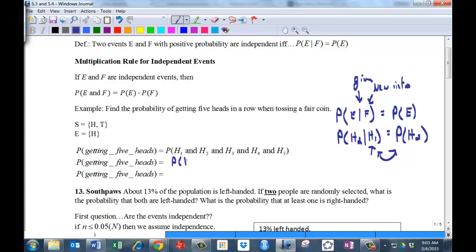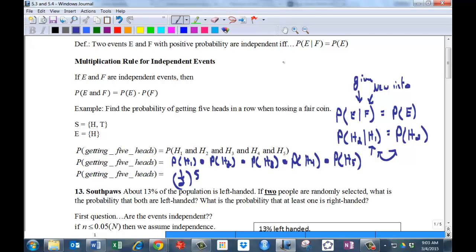And that means we just multiply all the probabilities together, times heads on the third, times heads on the fourth, times the probability of heads on the fifth. And so this is essentially 1/2 times 1/2 times 1/2 times 1/2 times 1/2, or 1/2 to the fifth power.